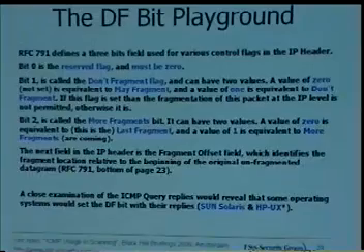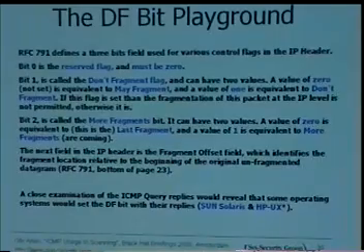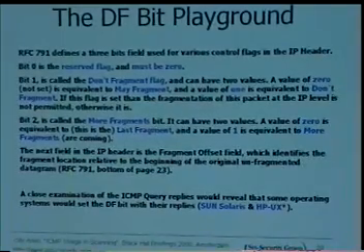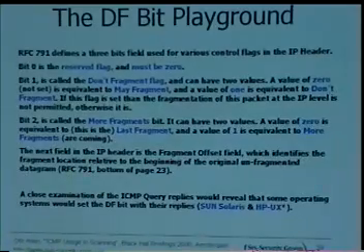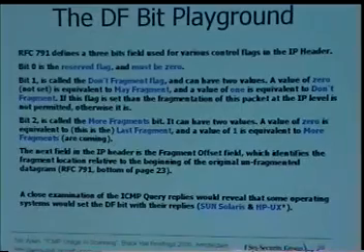Another nice thing I like in the IP header is the DF bit. RFC 791 defined a 3-bit field used for various control flags in the IP header. Bit 0 is reserved and must be 0. We will see that we can play with it as well.